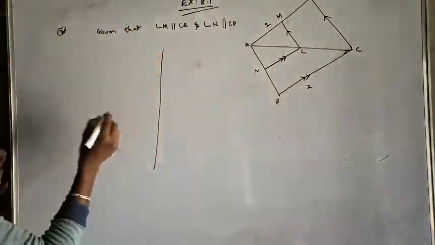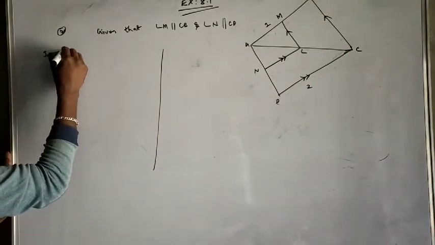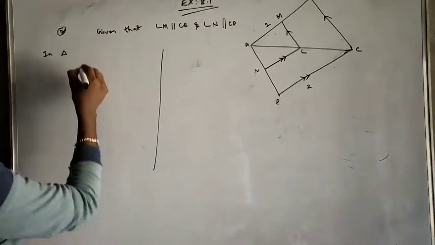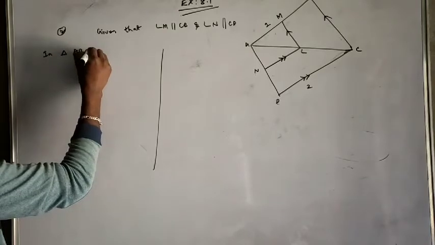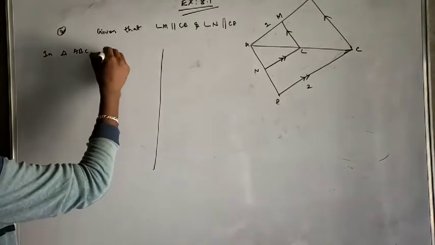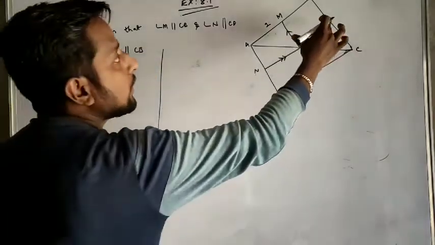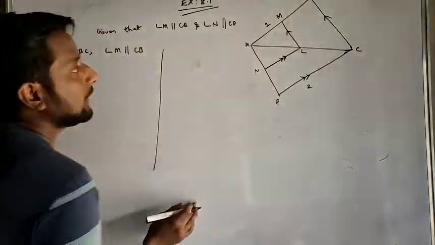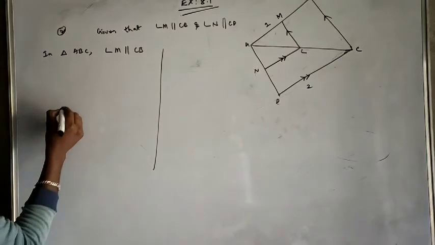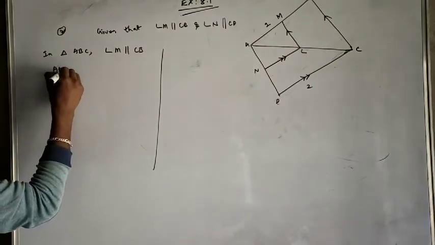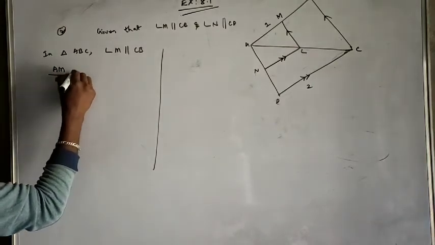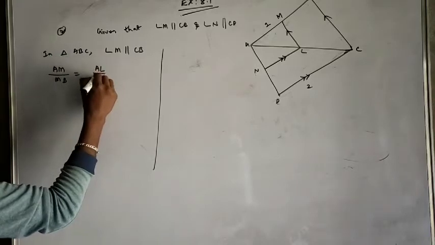Now in triangle ABC, he said already LM is parallel to CB. He said already these two lines are parallel, so I can write AM by MB is equal to AL by LC.